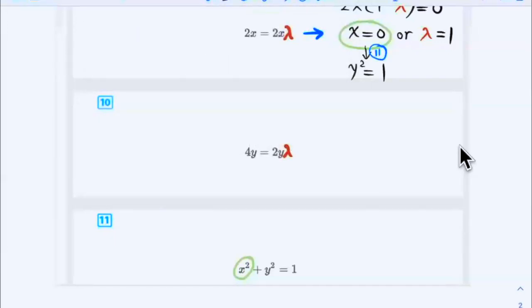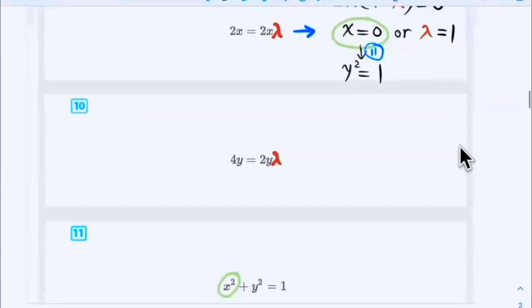Then what does y equal to? Do you guys see what I'm doing? I put the x equal to 0 into this equation, and I come up with y squared equal 1. So that's why I have this over here. Then y is equal to what? Plus or minus 1.